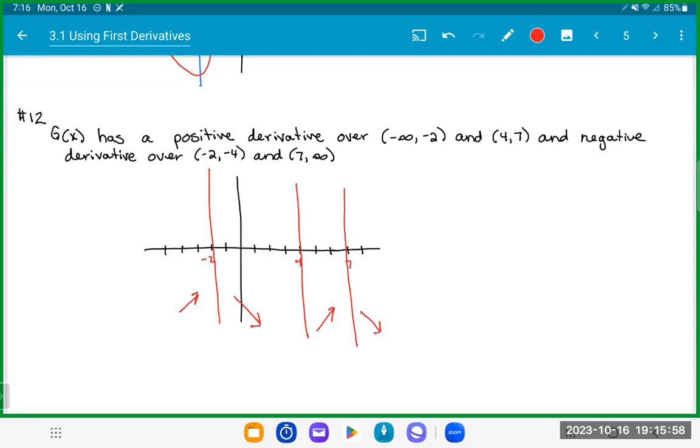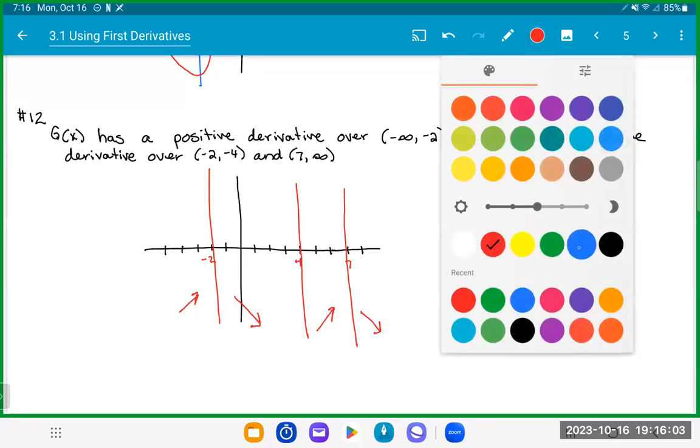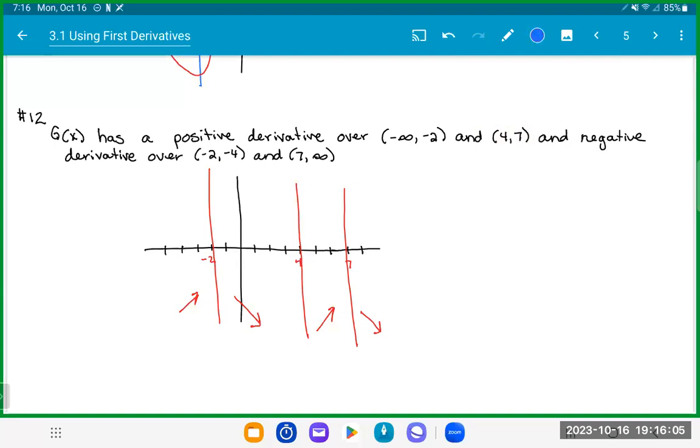So I draw those arrows down at the bottom to help guide me. It doesn't give me any other guidance at all, but I do know that I'm going to have a maximum here because I'm going from increasing to decreasing, right?